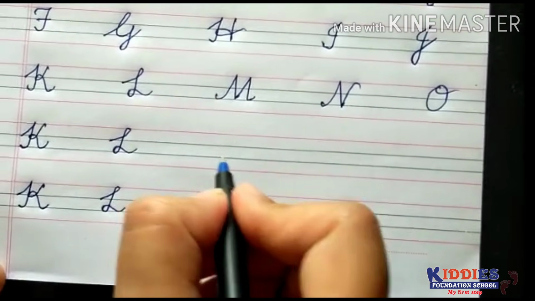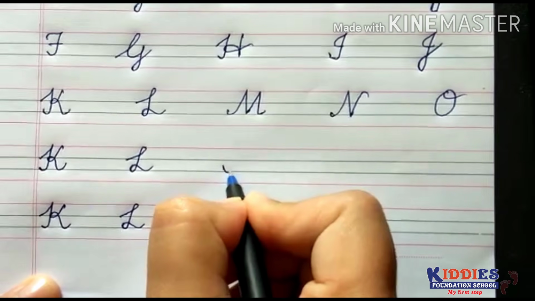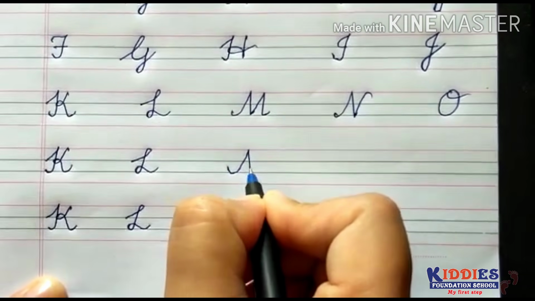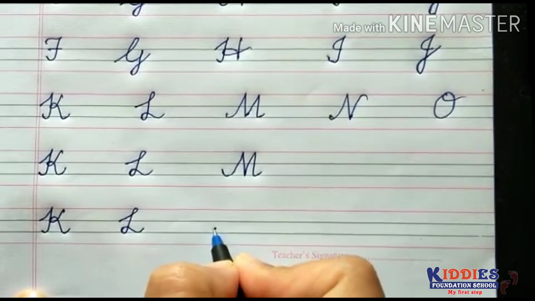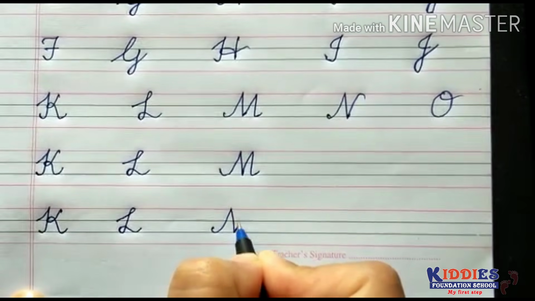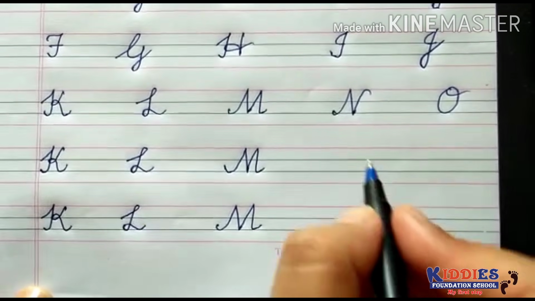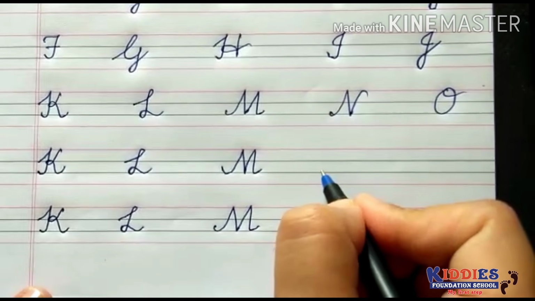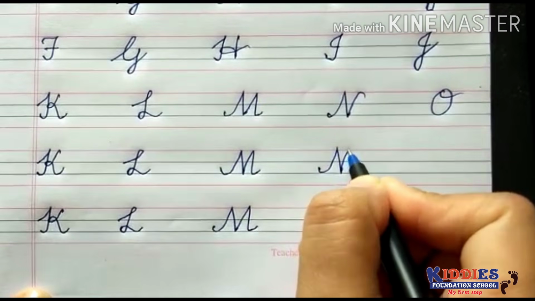L. Now we are going to write the letter M. M starts from the blue line to red line, down, up and down, up, down, up and down. Okay, now the letter N, then like up, down and up.